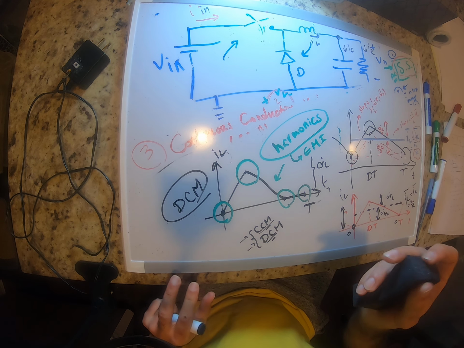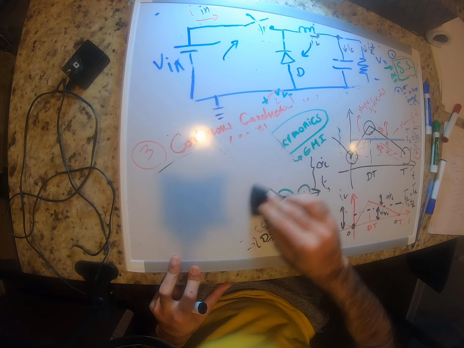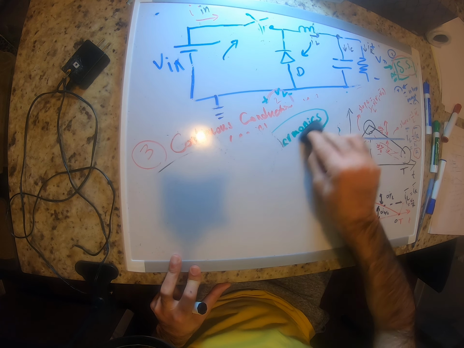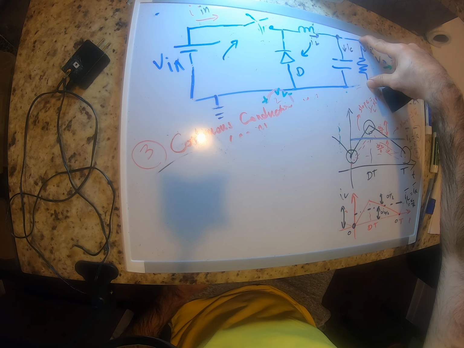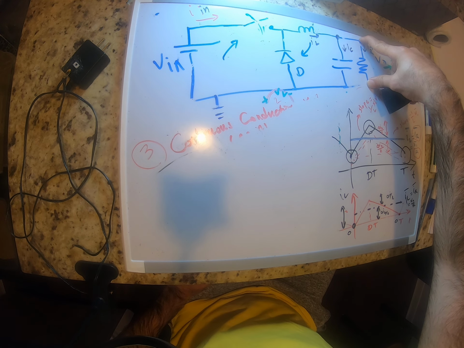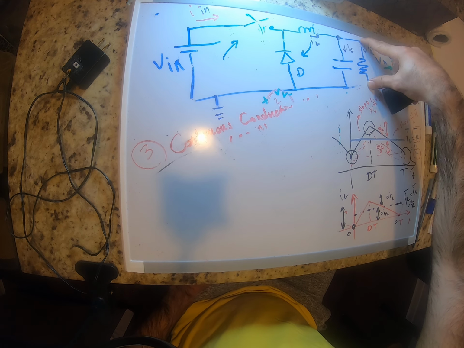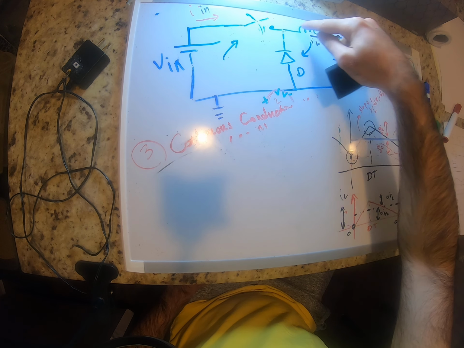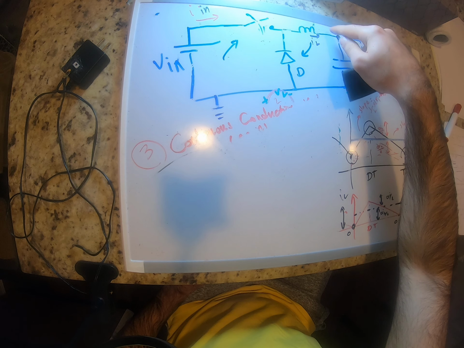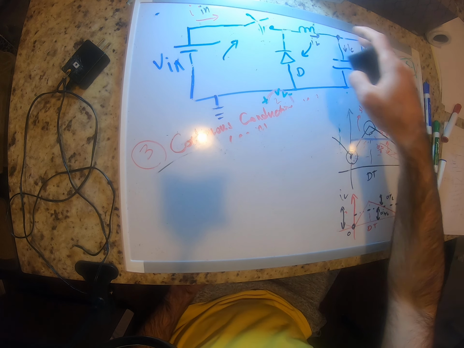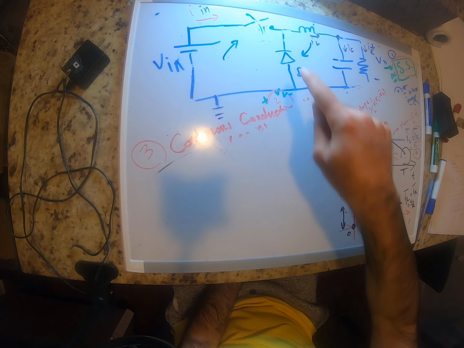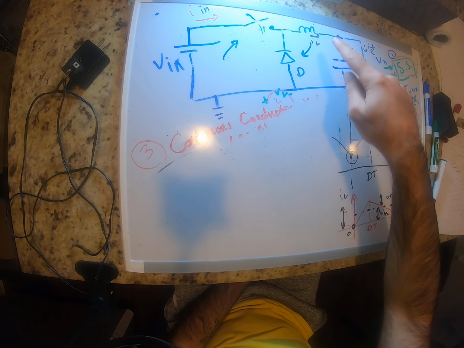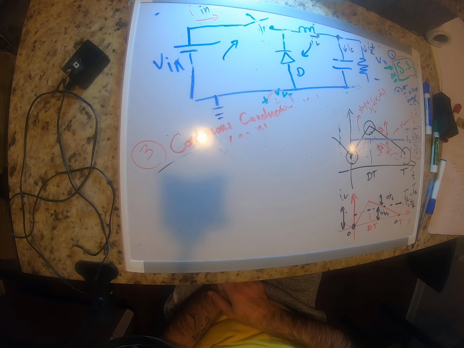Now let's assume that we have a set load, a set resistor, and we want to find the inductor that we should choose for our buck converter so that we are in the CCM mode.